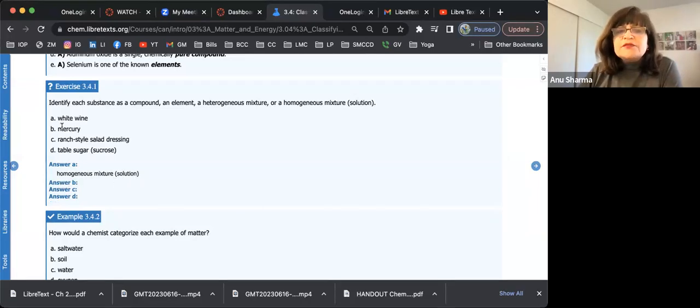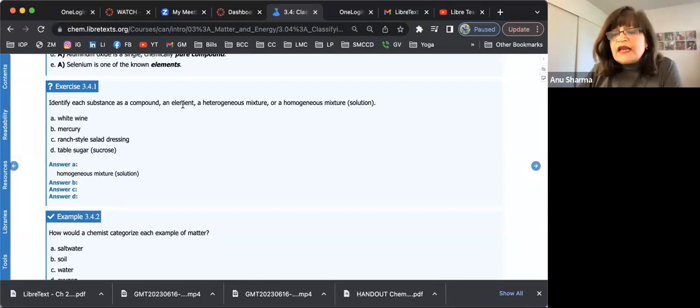Okay. Next, mercury. Mercury, the one that is in the thermometer or in the barometer. So mercury is an element. Elements are what you see in the periodic table. Elements and atoms match together, molecules and compounds match together. The small particle of a compound is a molecule.